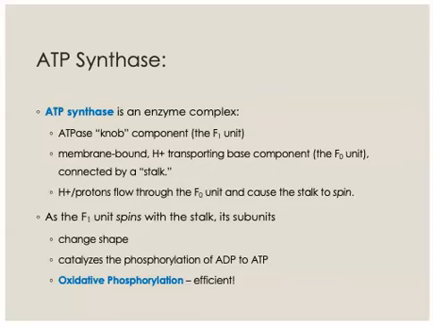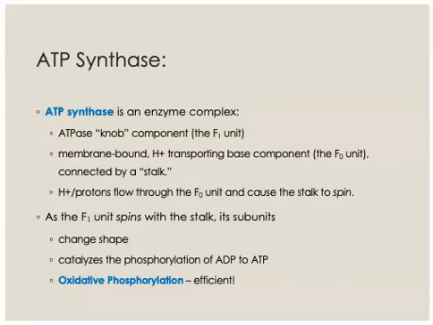At the end of the last lecture, we talked about how as electrons are passed down the electron transport chain and accepted by the final electron acceptor, the energy from those electrons is harvested and used to build a proton gradient.